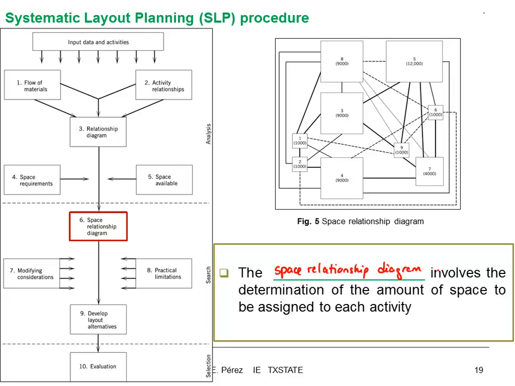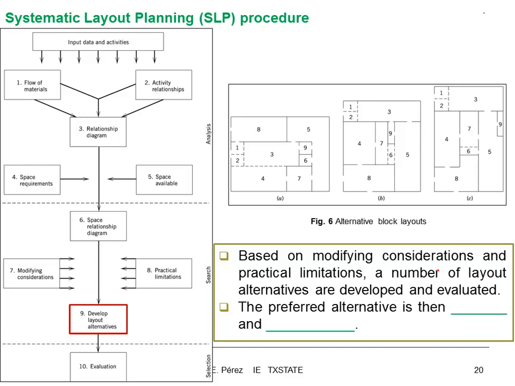And using that feedback, you will come up with different alternatives for your layout. So these are alternative block layouts. They all occupy the same area, but as you can see, they have different locations for the departments. So based on modifying considerations and practical limitations, a number of layout alternatives are developed and evaluated. And then the preferred alternative is identified and recommended.